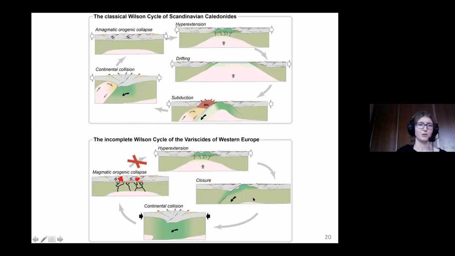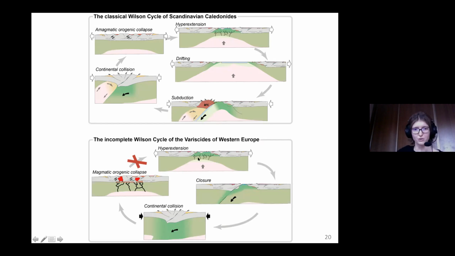And if I want to take a step further, I would propose that we cannot only have one Wilson cycle. We could illustrate the classical Wilson cycle, where orogeny follows rifting and is followed by rifting again. This would be the case of the Caledonides.